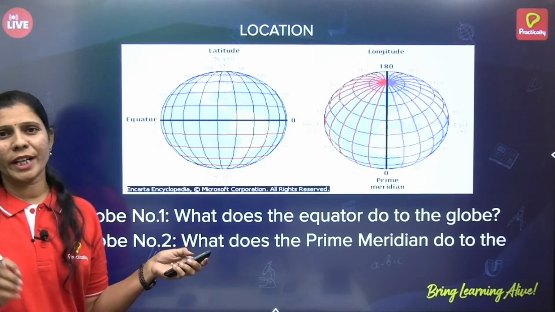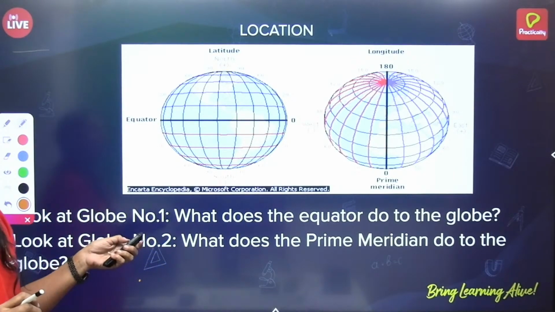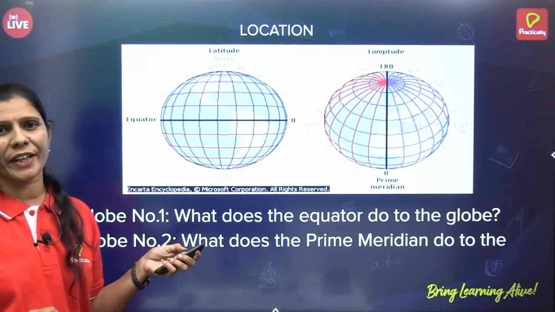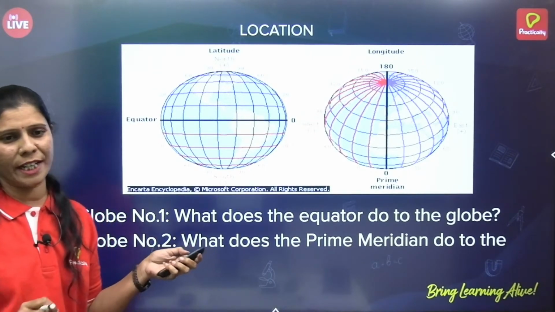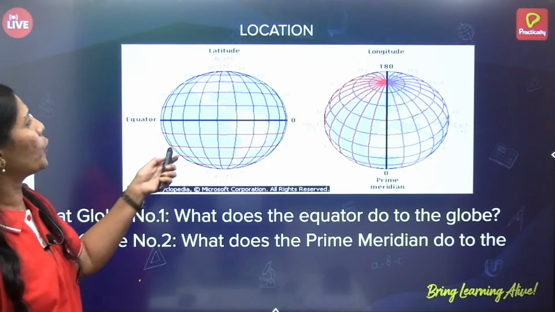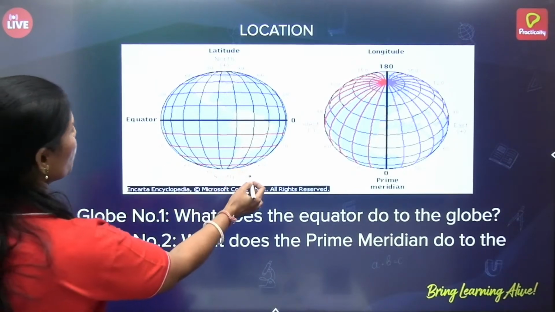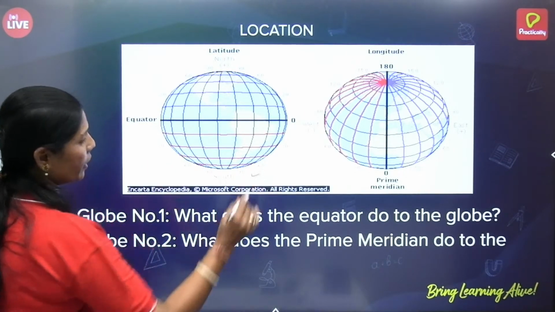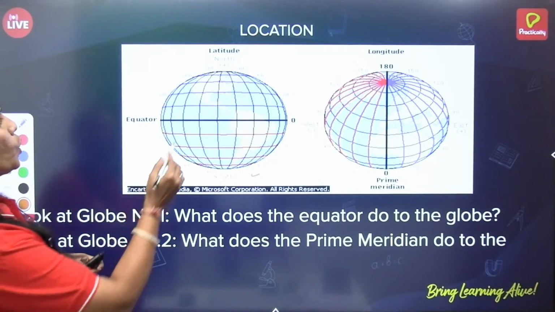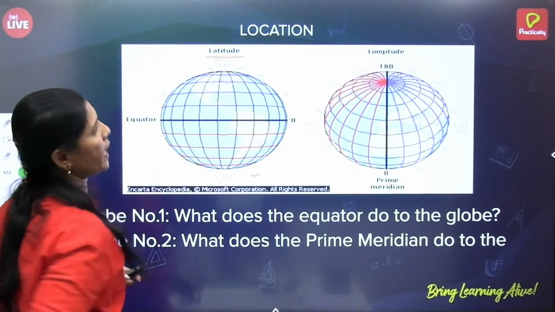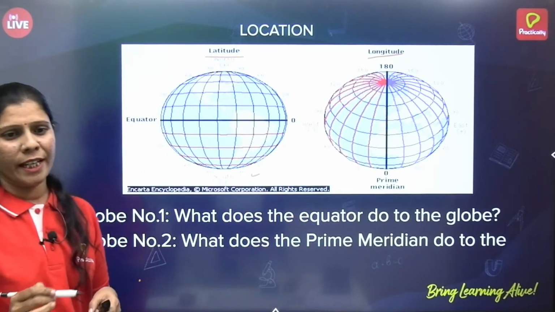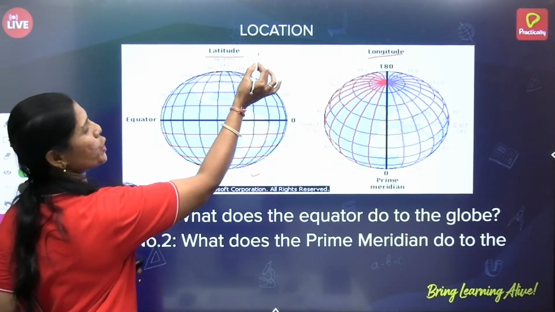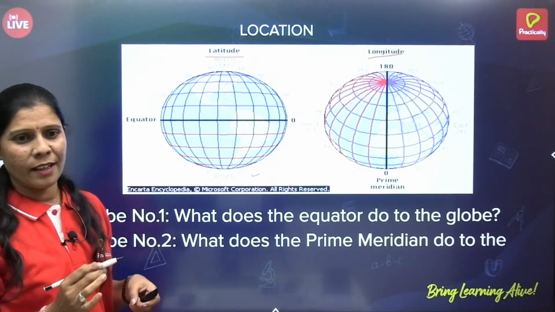Children, just look at this globe. Can you see the globe on the screen? Just look at these two globes. What did you find here on globe 1? Globe 1 represents latitudes and globe 2 represents longitudes. Can you tell me how many latitudes exist?